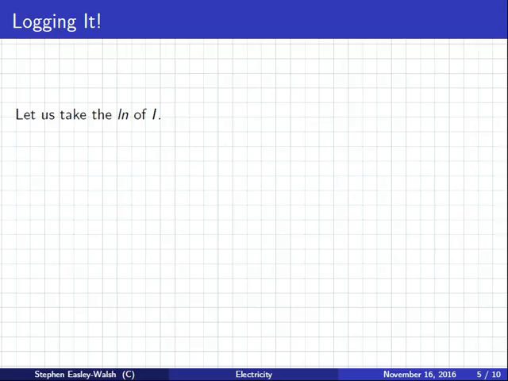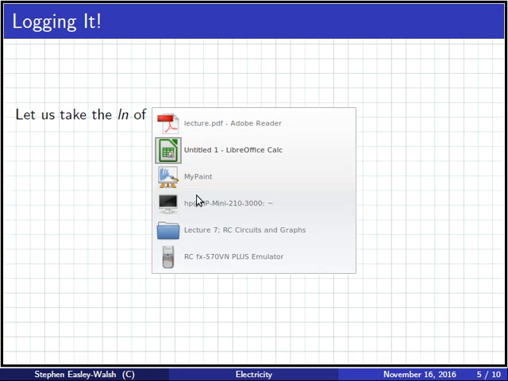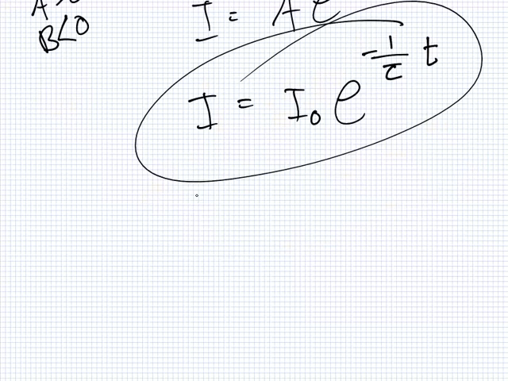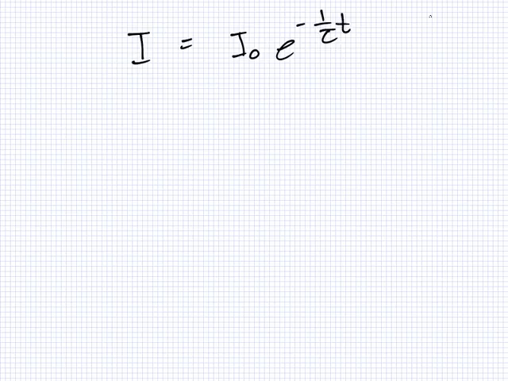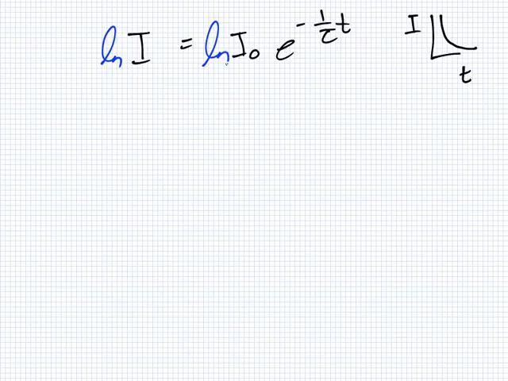Let's look at this proof I'm about to do of a formula. Okay, are you ready to write this down carefully, please? If you have I equals I0 e to the minus 1 over tau t, and you plot that with t and I, you get a graph like this. Let's put a log on both sides. Log I, log this. Come on, write this down.